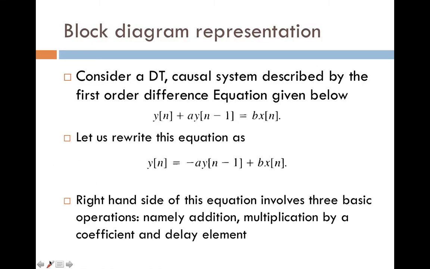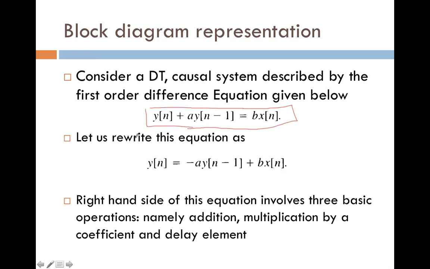First of all, we are going to represent a block diagram for the system equation y of n plus a into y of n minus 1 is equal to b into x of n. This is actually called a first order causal system, a first order difference equation.